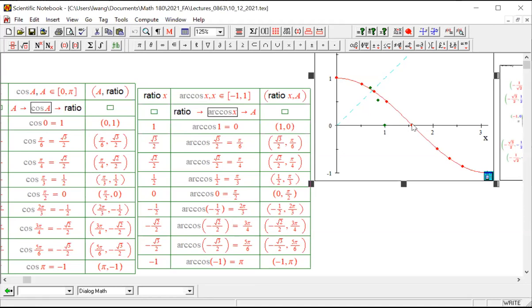So this point, what's the coordinate of this point? Everybody tell me. If you understand what I'm doing now, you should be able to tell the coordinate of this point right away. I want to see some answers in chat. What is the coordinate of this red dot, red heart? That should be pi over 2, 0. That's right.